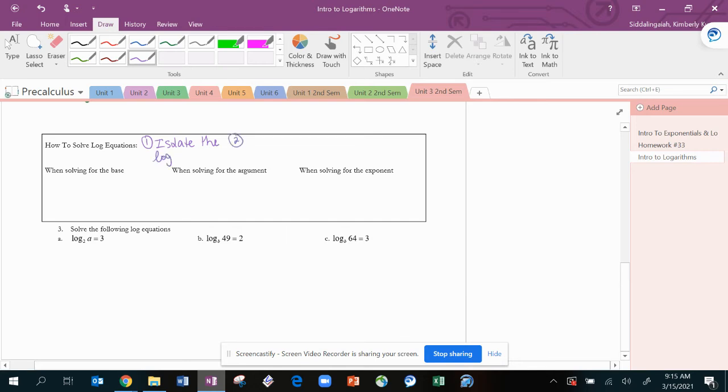Step 2, undo the log using exponential form. So basically switch it back to an exponential. And then 3, solve for the variable.